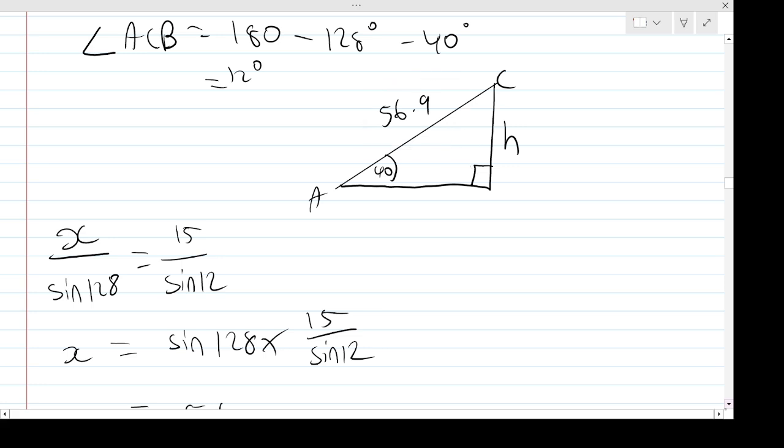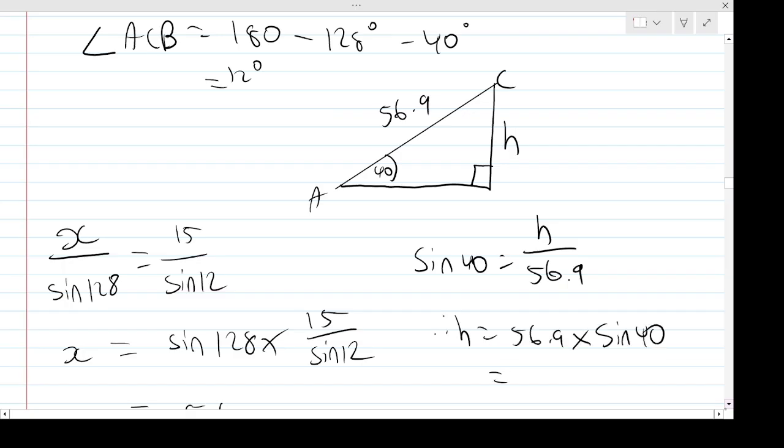Therefore, I'm going to use sine. So remember SOHCAHTOA. Sine of the angle is going to equal the opposite, which is h, over the hypotenuse, which is 56.9. Therefore h is going to be 56.9 times sine 40, which would be 36.54 meters.